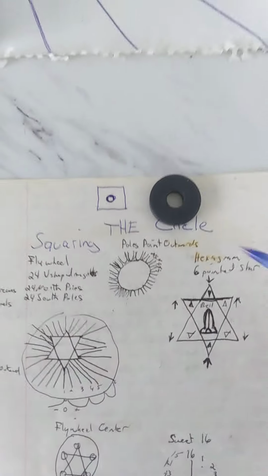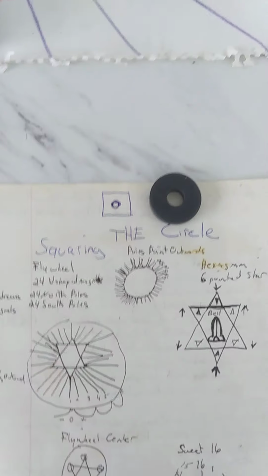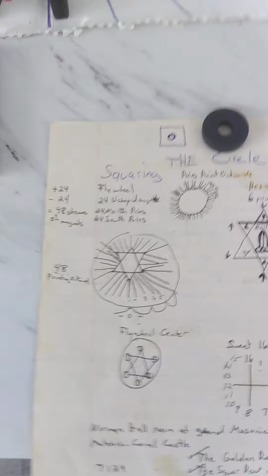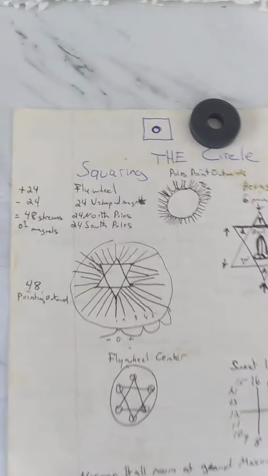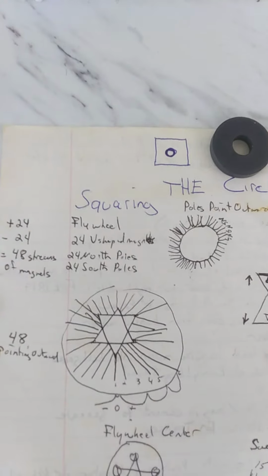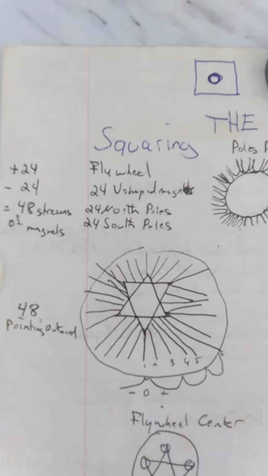What it's all getting into, like I said, is this whole thing right here, dealing with squaring the circle, circling the square. Okay, this is the most important thing that Ed's trying to show you. What his flywheel is doing, it's doing this. Okay, he's got 24 of these all the way around.